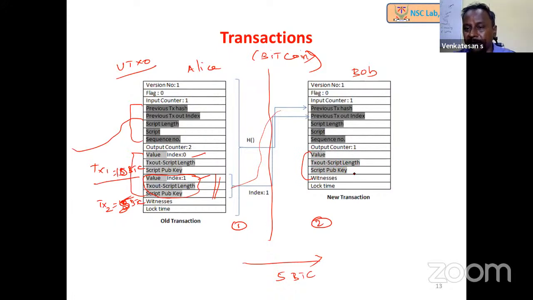Now this will be part of the UTXO. So in case, let's say this is 5 BTC, but we have to send only 3 BTC. What is going to happen is, this output counter, which said 1, will be 2. One transaction will go to Bob, that is 3 BTC, and another transaction will go to Alice, that is 2 BTC.